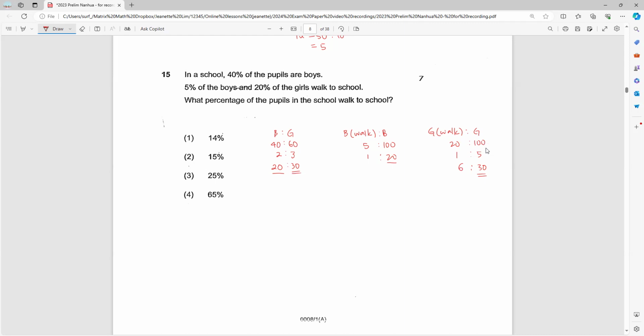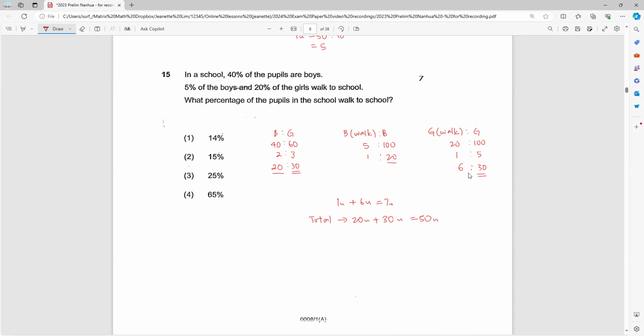You can use the ratios across like that. What percentage of the pupils in a school walk to school? So we are just looking for those that walk to school. 1 unit plus 6 units, not 1% plus 6%. Those who walk to school is 7 units, but the total is not 100. The total is 20 units plus 30 units.